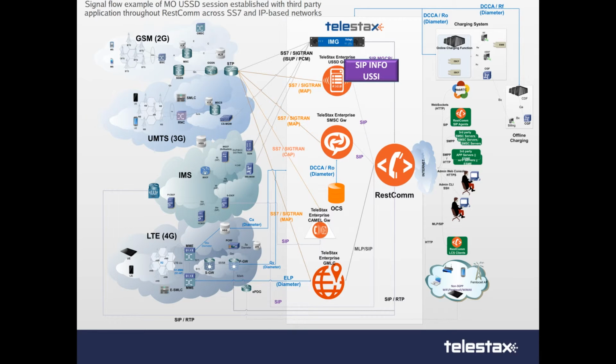Then a SIP INFO is sent back to the TelScale Enterprise USSD Gateway, which will then need to translate it to a MAP message where the USSD will go in a TCAP continue message.